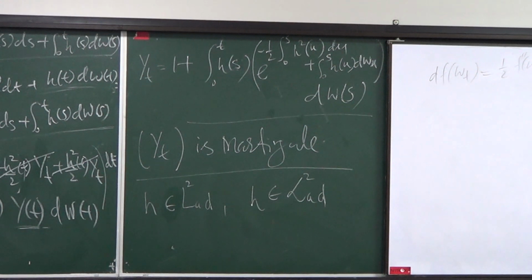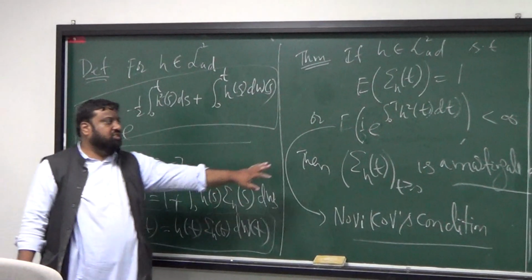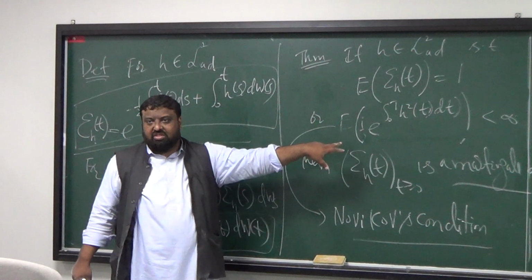If you apply the Fubini theorem, for example, you get really the condition for a process to be in L2AD. But is it necessary that if a random variable has a finite expectation, its exponential should have a finite expectation? I think it's too much to assume. So this is not that trivial.